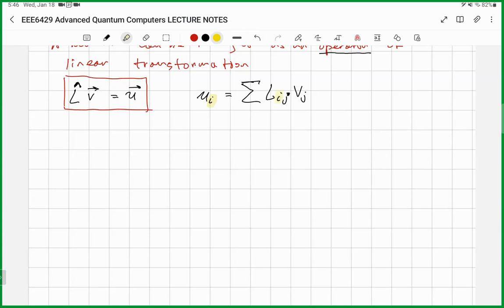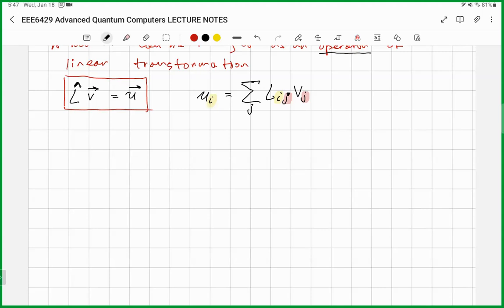I don't sum over i; my summation is over the components j. So j appears here and here, the summation runs over j, and the result gets components with index i.